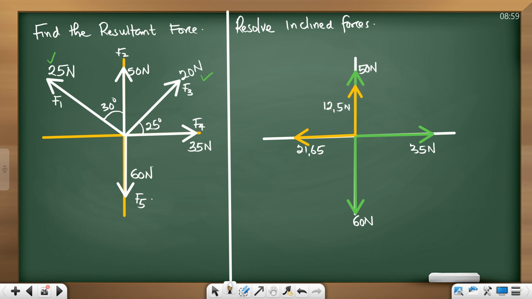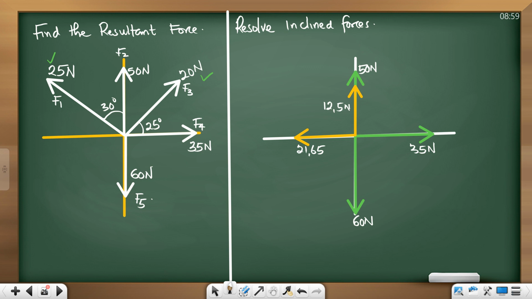I'm not done. I'm going to do F3. But before I do F3, who is lost? With what I did here so far, I am now only drawing vertical and horizontal forces. 50 newtons was already vertical. That's why we did not resolve.